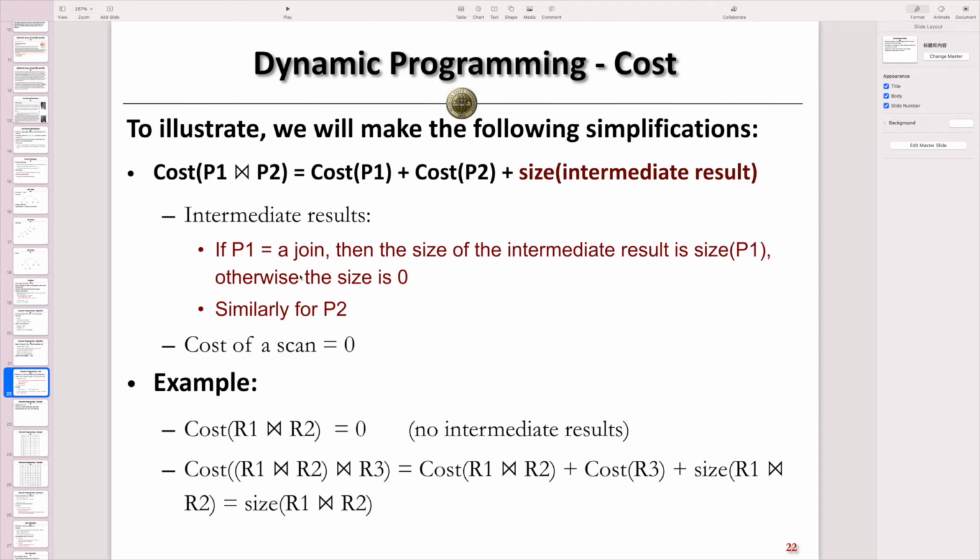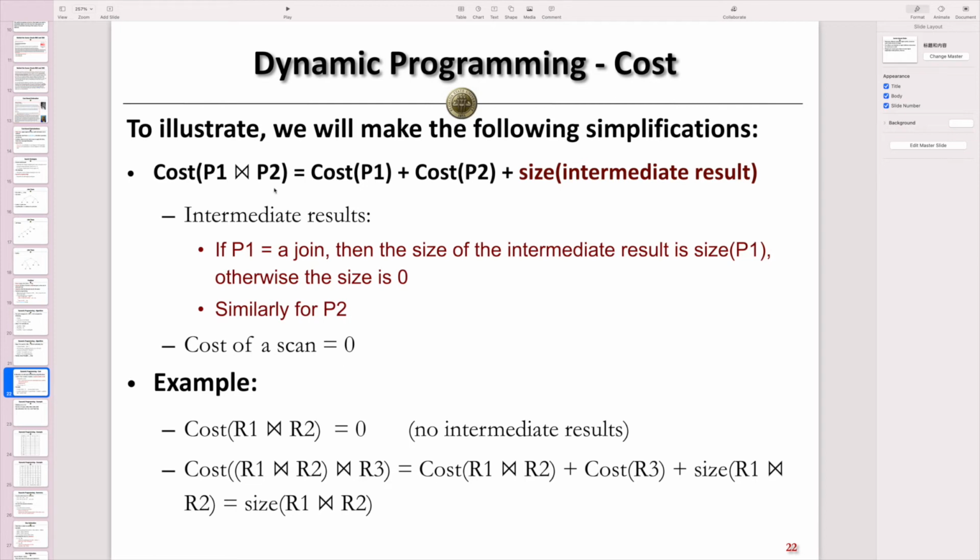If P1 is a join, the cost will be equal to the size of P1, otherwise it will be 0. It is similar for P2 as well. If both P1 and P2 are just relations, not plans or subqueries, then the cost for the intermediate result will be equal to 0, because if we are just doing scanning, the cost is 0. You can follow me, right?